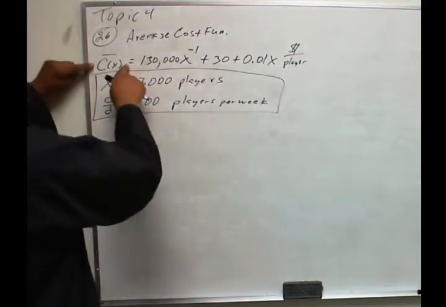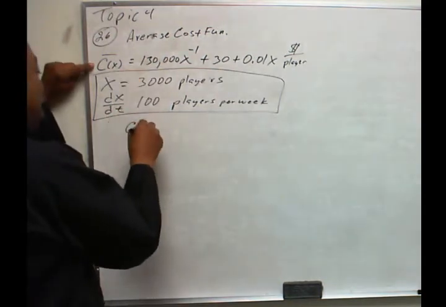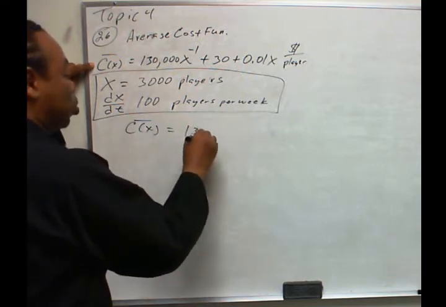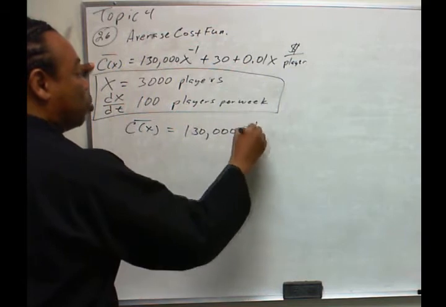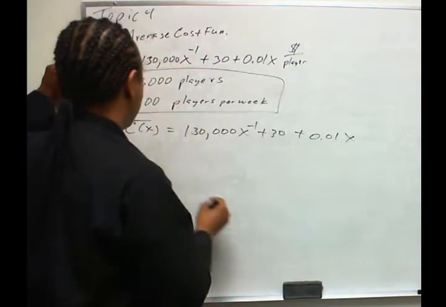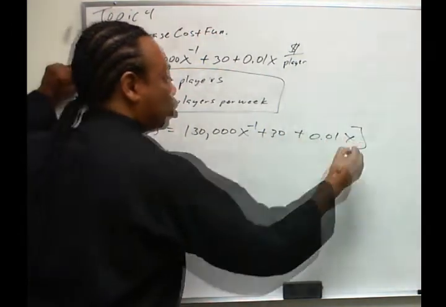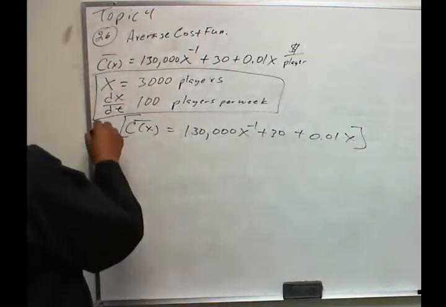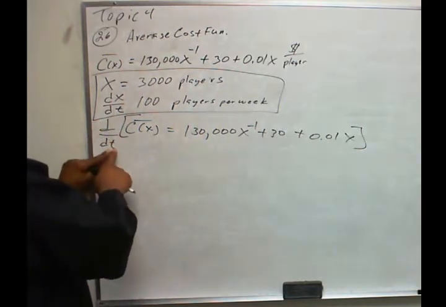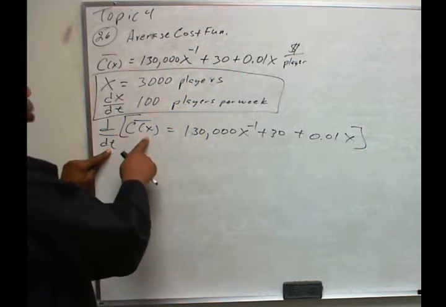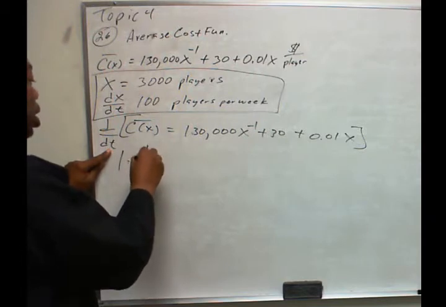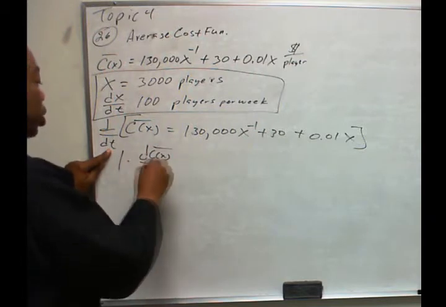Then let's go ahead and take a derivative of this. We have the average cost function equaling 130,000 x to the negative 1 plus 30 plus 0.01x. I'm going to take a derivative of all of this with respect to time. Now, because this is with respect to time and this is a cost function, we'll have to use the chain rule. So the derivative of this is 1 times the chain rule, which will be d cost function over dt.